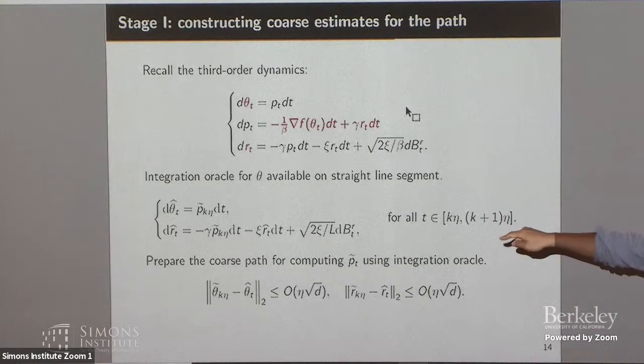We construct the two hats. The two hats are the coarse approximation for the path of the diffusion process. And of course, you are integrating a d-dimensional vector, and the discretization error here is of order eta times root d for this step and the next step for this coarse approximation.